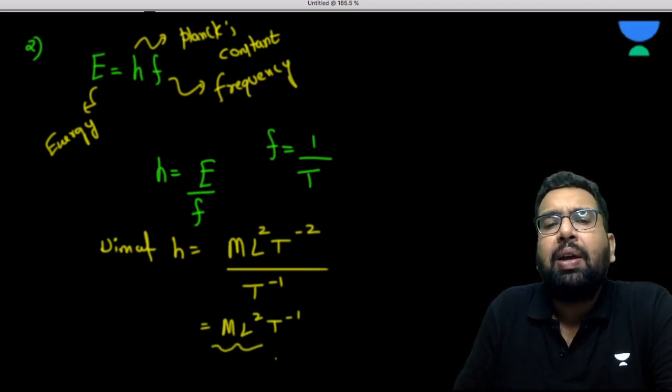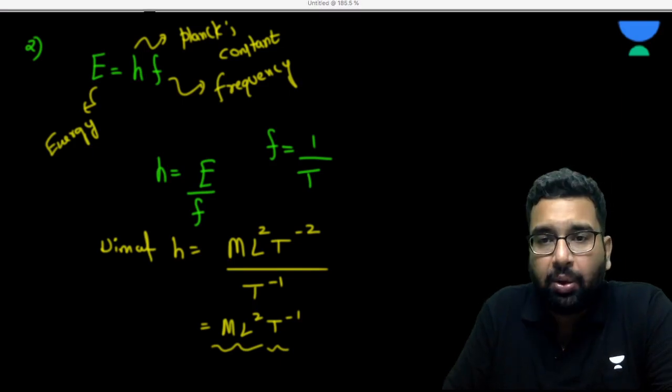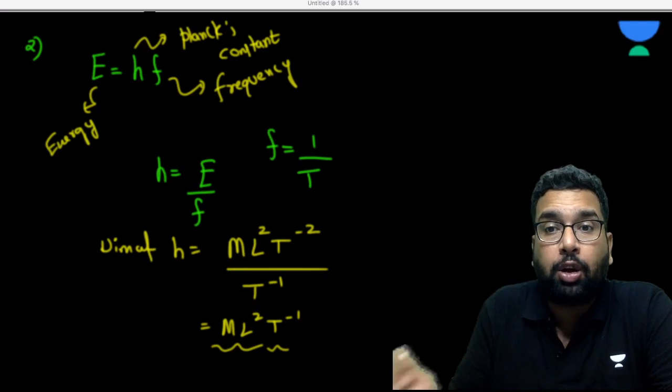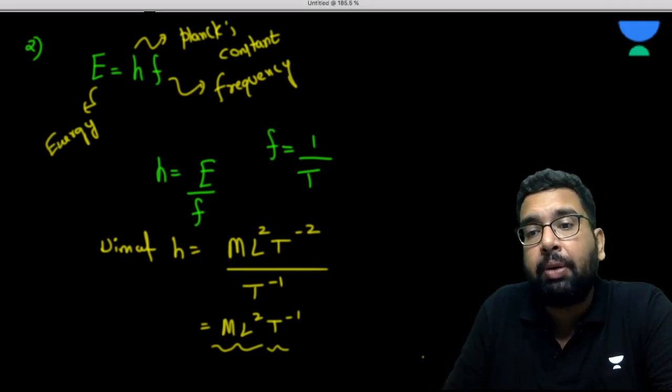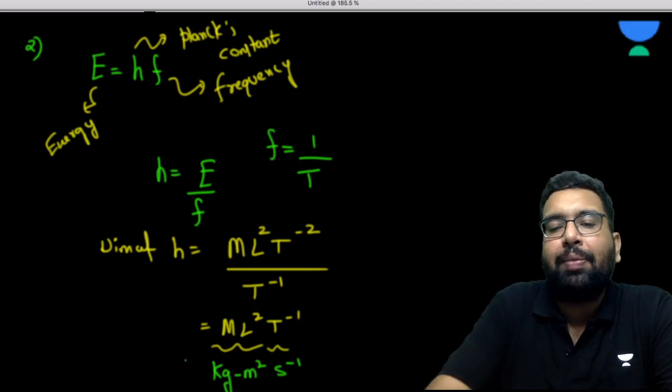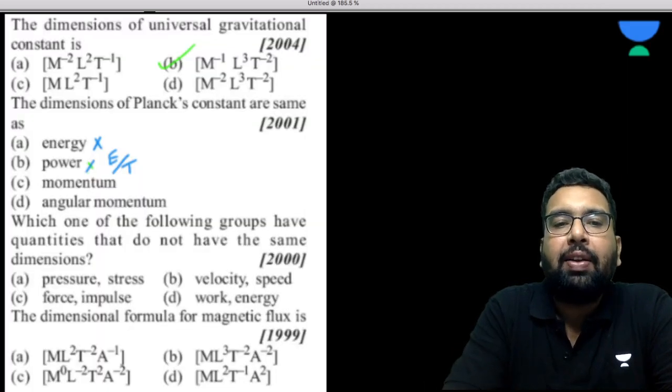So basically, see what I'm trying to do here. I'm trying to tell you how quickly we can come up with the right option. So for M we have kg, for L^2 we have meter square, and for T we have second to the power minus 1.